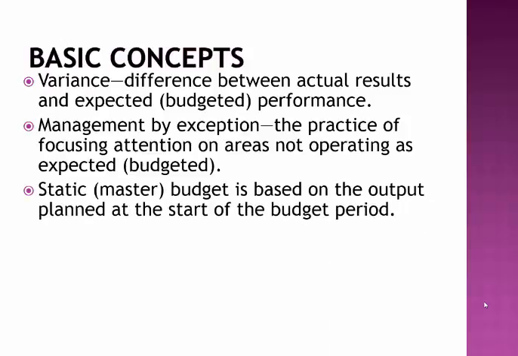The static master budget is what we learned how to put together in Chapter 6. It is based on the output that we have planned for the period when we're putting this budget together. So static master budget. You're going to hear me repeat that over and over again because I want you to focus on what that static master budget was.